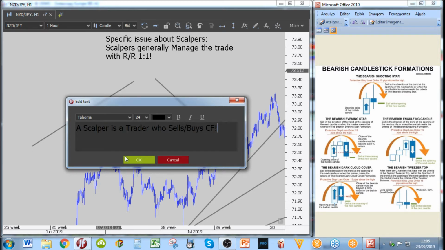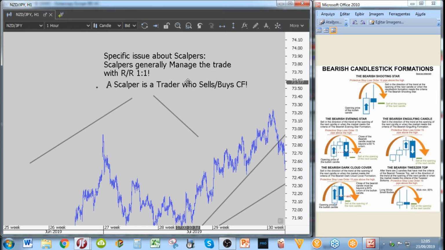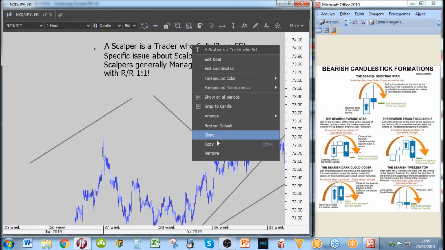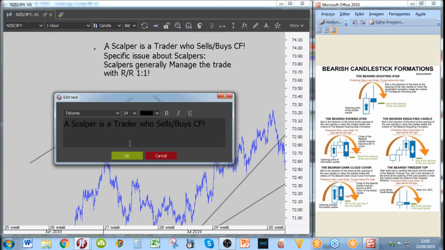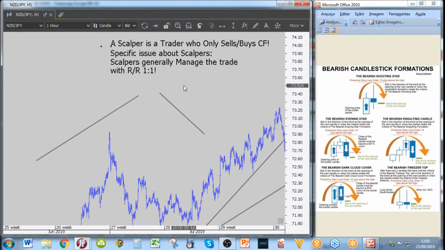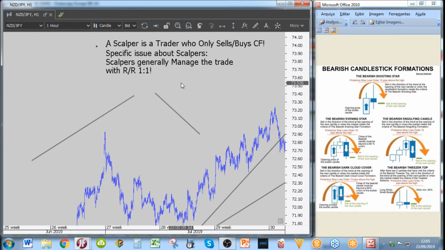That's it. A scalper is a trader who only sells and or buys candlestick formation. That's all. This is a scalper. But the specific issue about scalpers is they generally manage the trade with the risk reward ratio 1:1. Those are the basics of basic scalping.